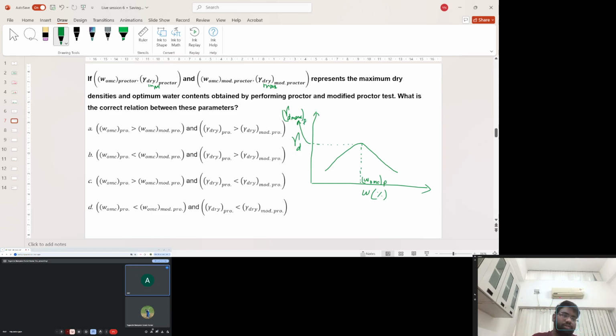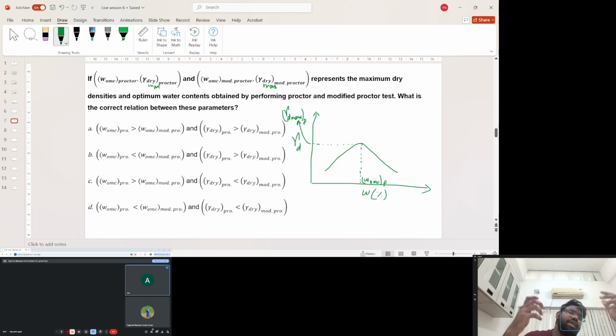Now, coming to the modified Proctor test, the energy imparted to the soil will be higher.